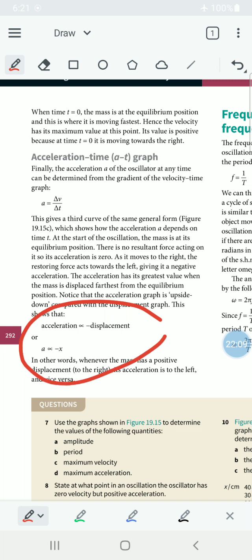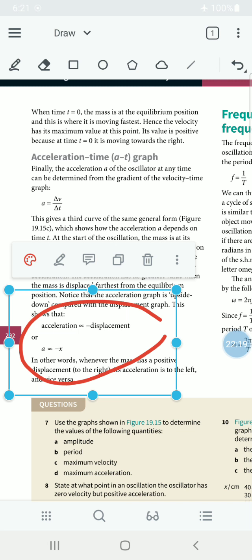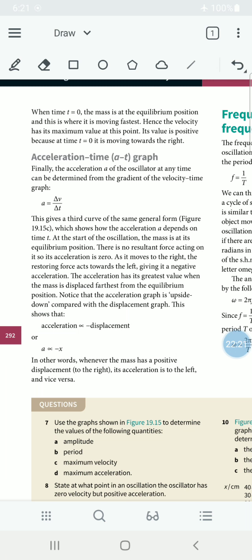Acceleration is proportional to negative displacement, or A is proportional to minus x. And also write this statement as it is. In other words, whenever the mass has a positive displacement, within brackets to the right, its acceleration is to the left and vice versa.